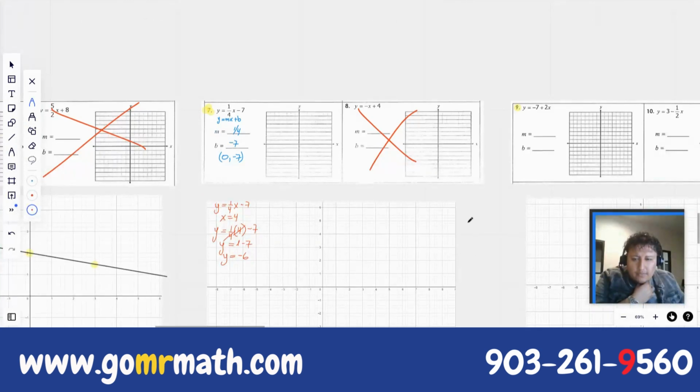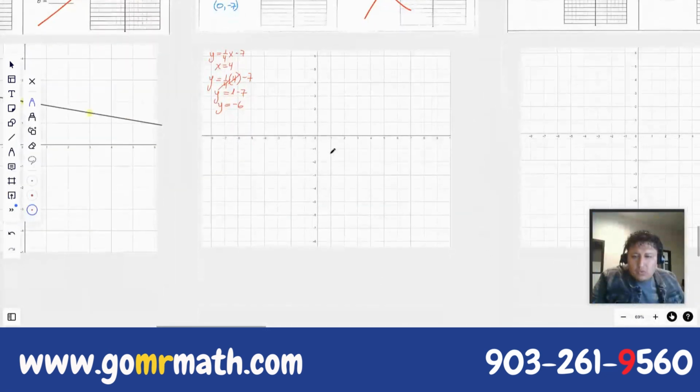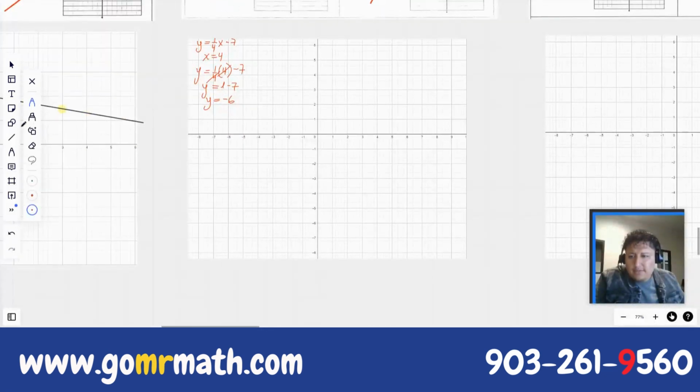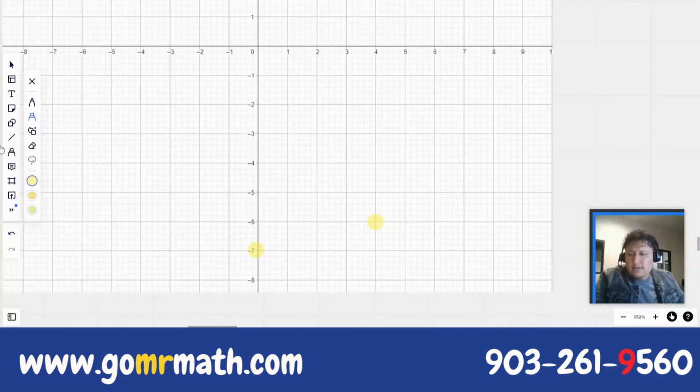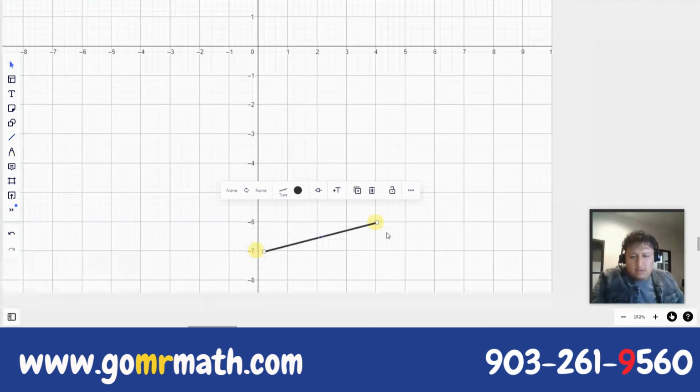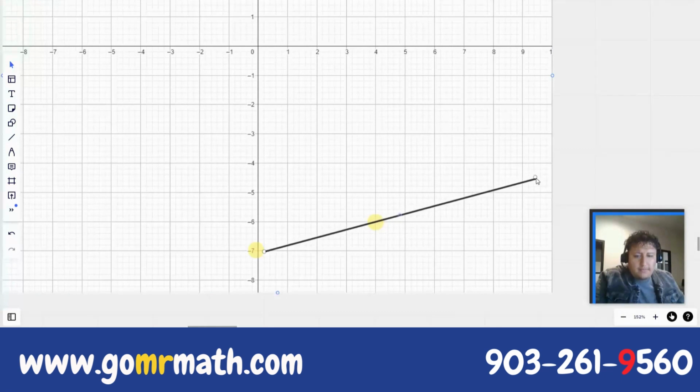Look at the point in here. Let's find out where that point is. One of the points is 0, -7, should be around here. And the other point says when x is 4, y is -6. 4 and -6 around here. Yes, we're correct. So let's make the line. Trying our best with this line.